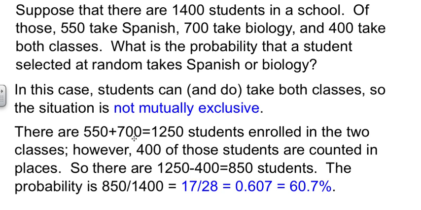So we've double counted those people, so we need to subtract them out. That leaves 850 students taking either class. They told us there were 1,400 to start with, so 850 out of 1,400 reduces by my trusty calculator to 17/28, or 0.607 if you're a decimal fan, or 60.7%.